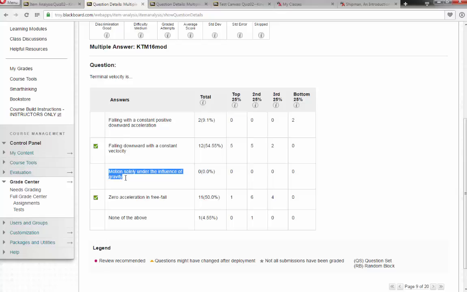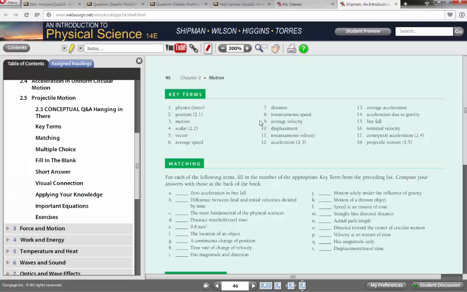Motion solely under the influence of gravity. That one gets eliminated because it's kind of a poor wording on the book's choice, because it says that it's zero acceleration in free fall. Free fall usually means that the only thing working on it is the gravitational acceleration, that is, its gravity.